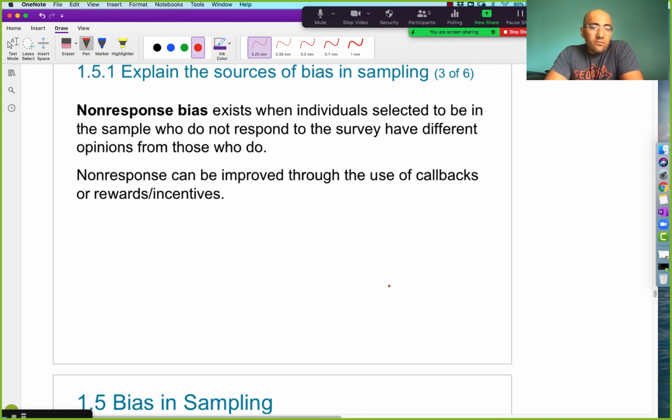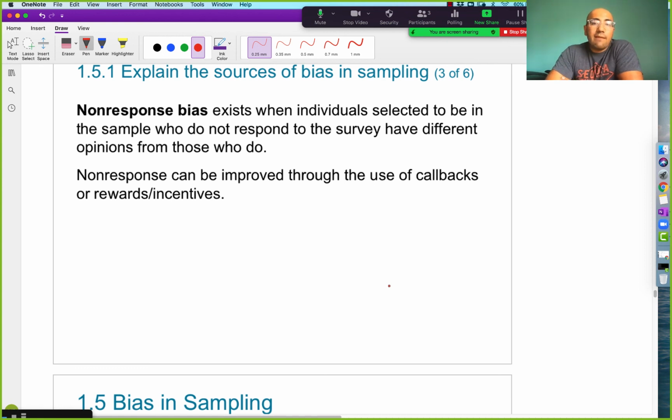You might not want to participate. So maybe you ignore all the emails and you don't answer the call, or maybe you say you do, but then when it comes to actually filling out the survey and turning it in, you don't, that kind of thing. So you just are non-responsive, even though you've been selected.